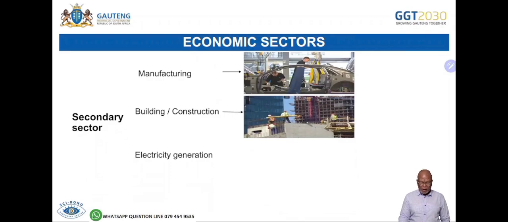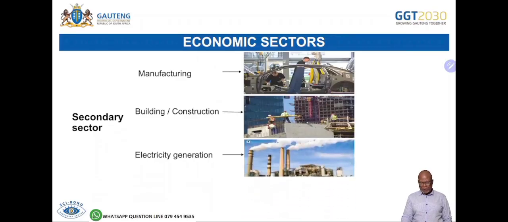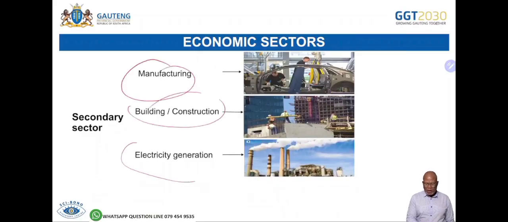So you can see there's a vehicle there being manufactured, and there are buildings that are being constructed there, and there is also electricity generation that is taking place here. So this is all what we call the secondary sector, because there is an end product that all these activities are going to provide at the end of the day.